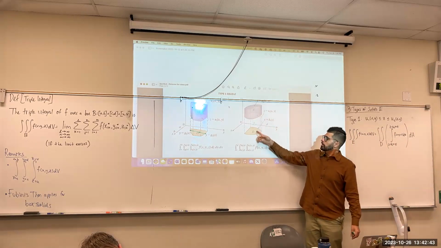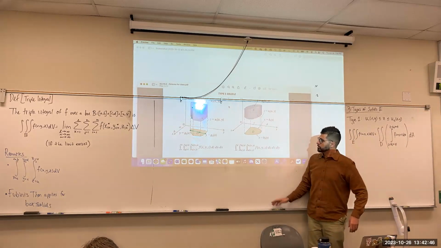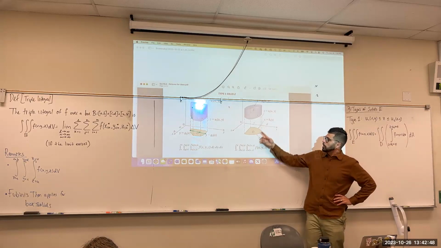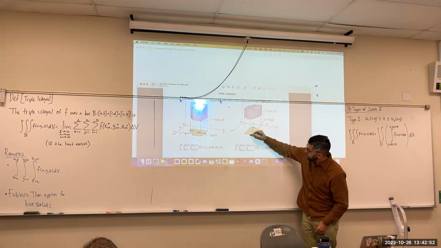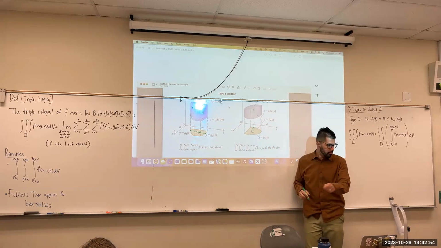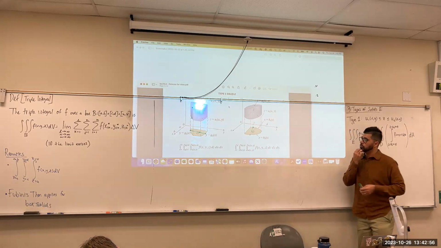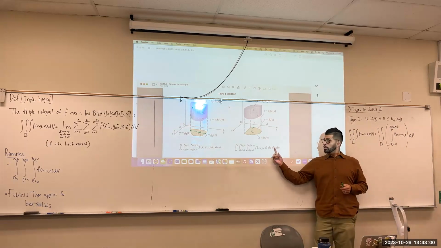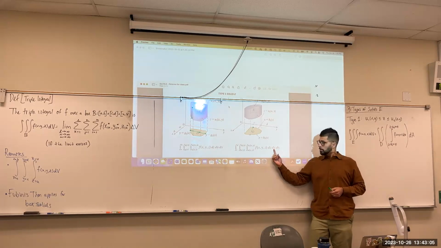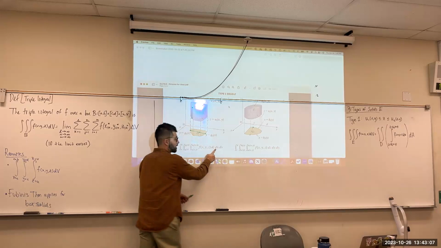Then you do the same thing, but now if it's bounding x, so if it's a type 2, it's going to bound x. This is why I printed all those packets for you guys, because it's too much drawing. So now notice this has x as the second variable that you're going to integrate, versus this one had y as the second variable.